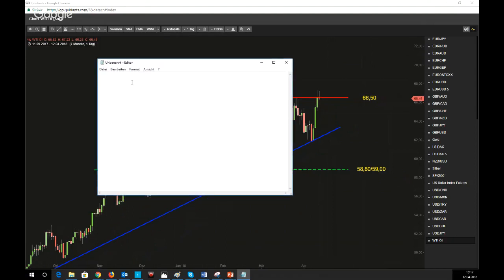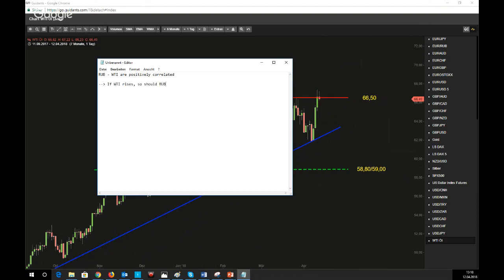So again, RUB and WTI are positively correlated. That said, it means if WTI rises, so should RUB.